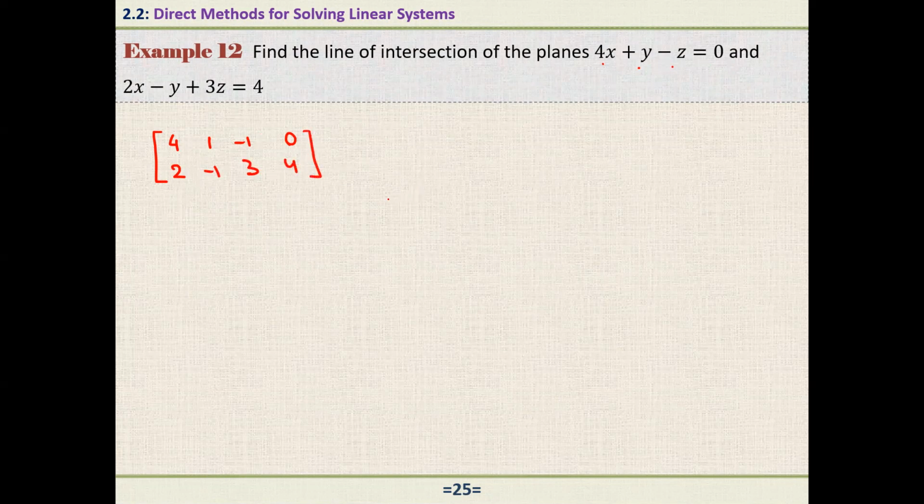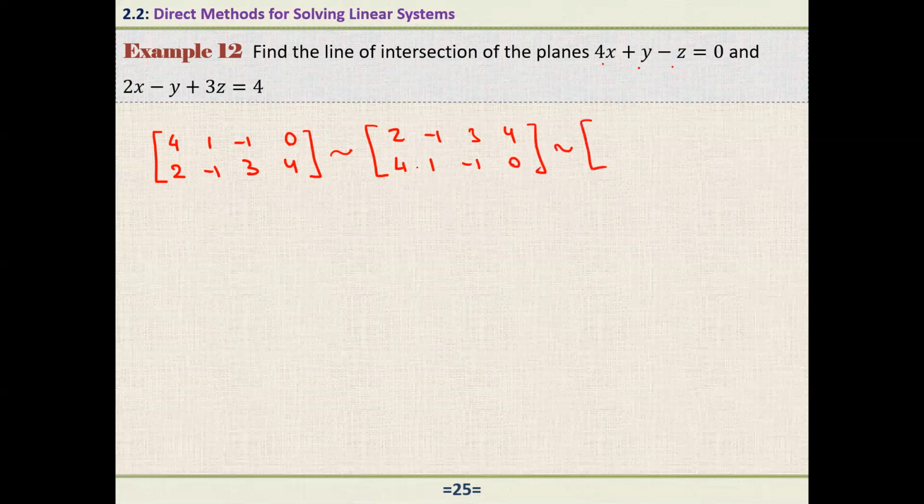So we have to solve this system. Using the Gauss-Jordan method, first we have to reduce this to reduced row echelon form. So let me just interchange the rows first. So here we have 2, negative 1, 3, 4 as the first row, and 1, 1, negative 1, 0 as the second row.